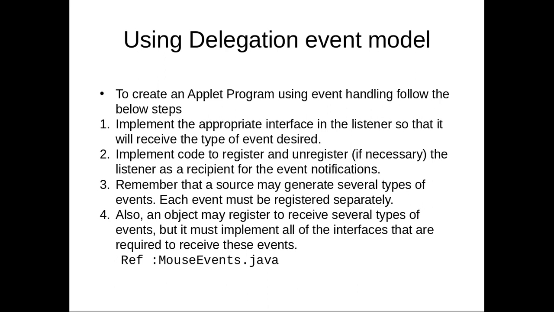Remember that a source may generate several types of events, and each event must be registered separately. Also, an object may register to receive several types of events, but it must implement all of the interfaces that are required to receive these events. This is how a delegation event model can be used.